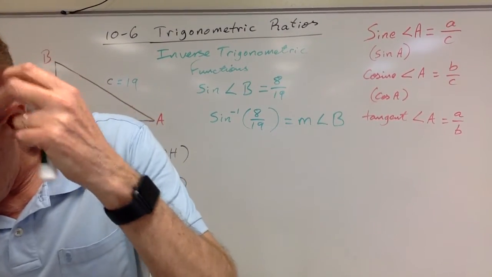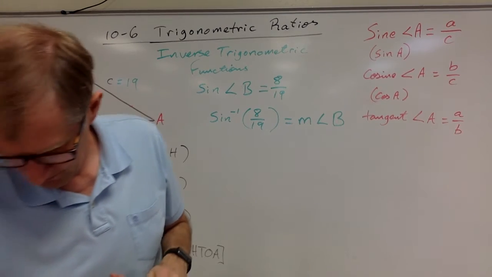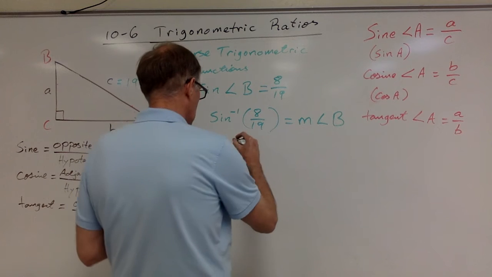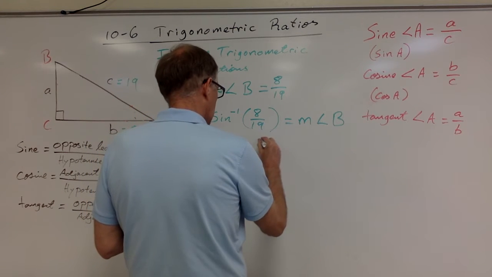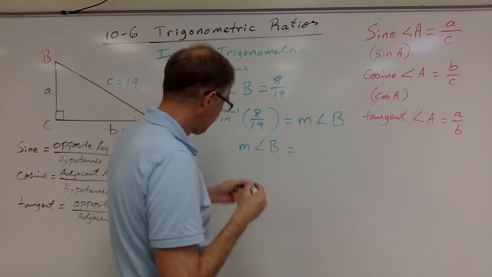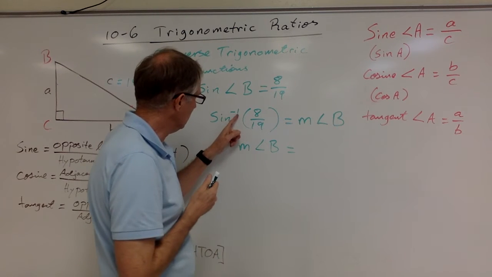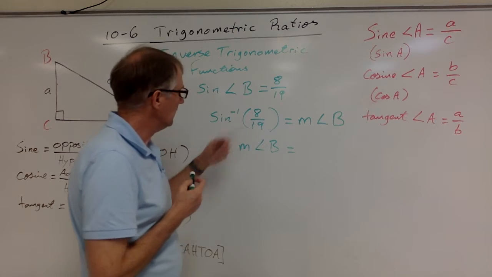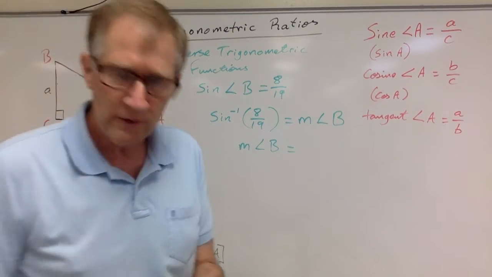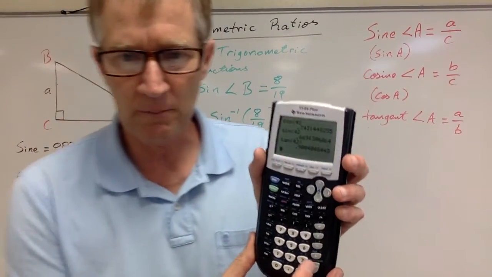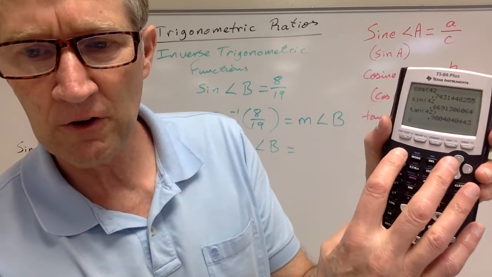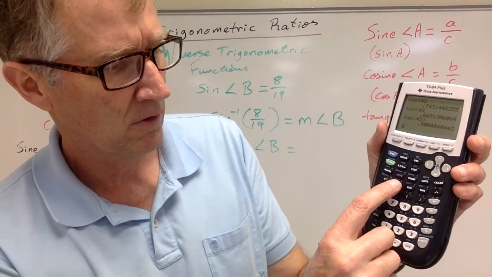I find that to be a little awkward, but to find the measure of angle B, let's just rewrite that. The measure of angle B is equal to the inverse sine of 8/19. On your calculator, second function, sine.